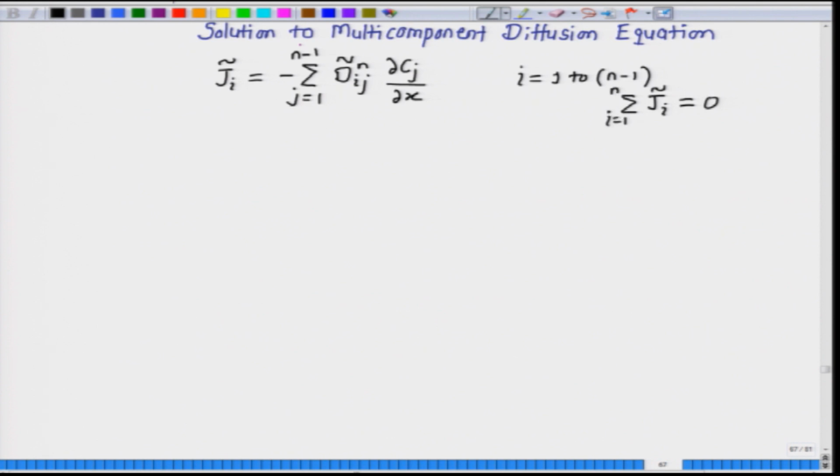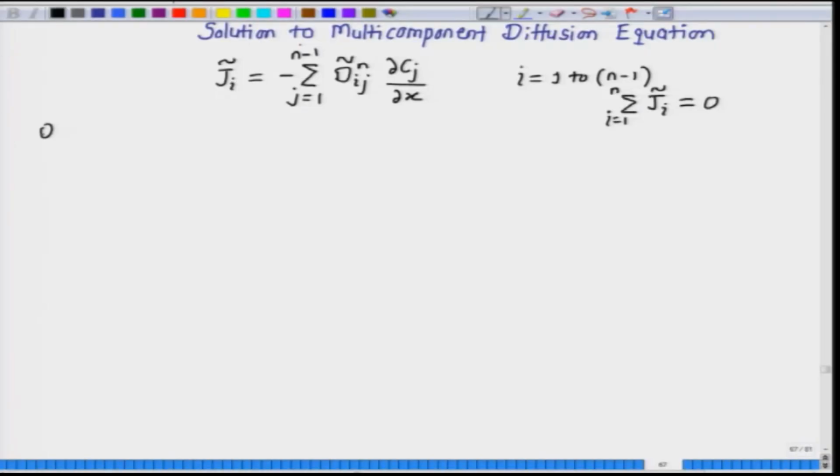So, the nth flux is dependent. So, we have (n minus 1) squared interdiffusion coefficients that define the interdiffusion completely in an n component system at a particular composition. Now, we are going to assume that this set of interdiffusion coefficients is independent of composition for solving this equation. Let us see how we solve the diffusion equation for an n component system.